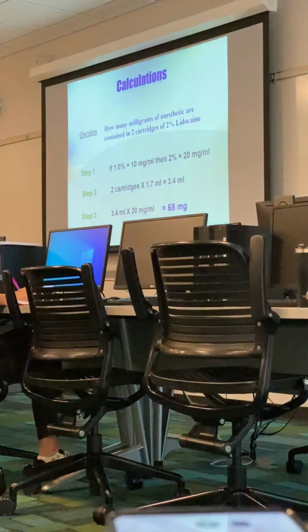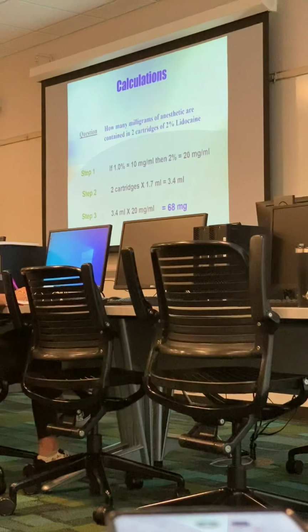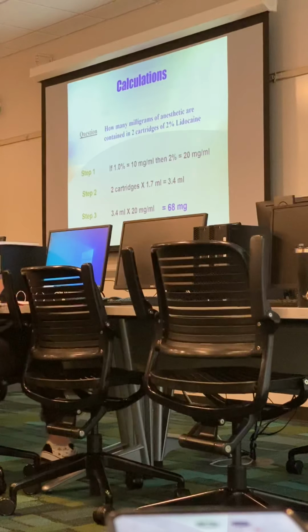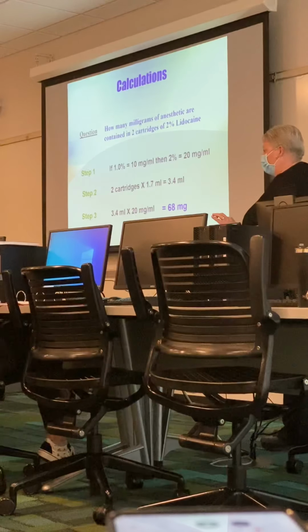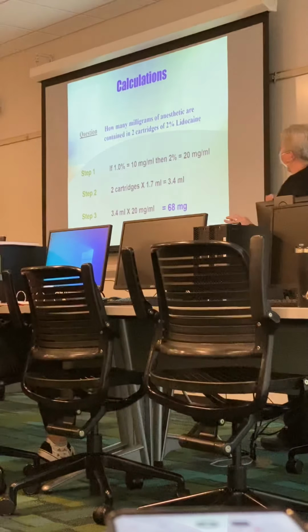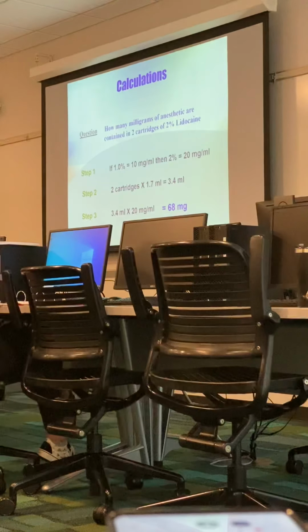We know that it's a given that a 1% solution contains 10 milligrams per milliliter. So a 2% solution would contain 20 milligrams per milliliter. We're trying to determine how much is in 2 cartridges.